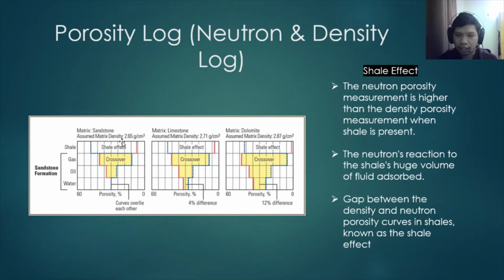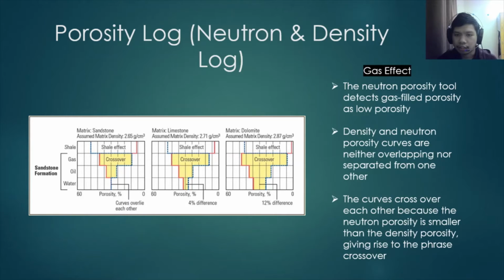It's because the neutron's reaction to the shale's huge volume of fluid is absorbed, and it produces a gap between the density and neutron porosity curves in shales, known as the shale effect. This is where you determine the shale effect when you combine these two logs.